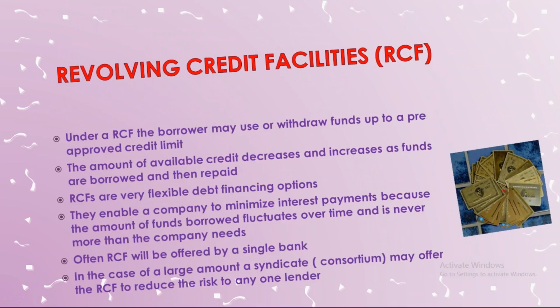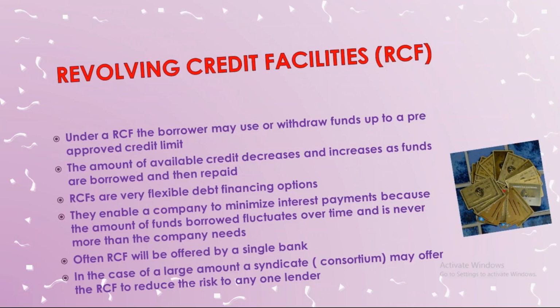Then we were discussing something called revolving credit facilities. It's like a bank overdraft or like a credit card limit. Up to the limit we can use it, and we pay interest only on the amount we have used.